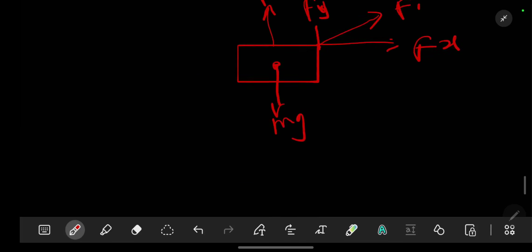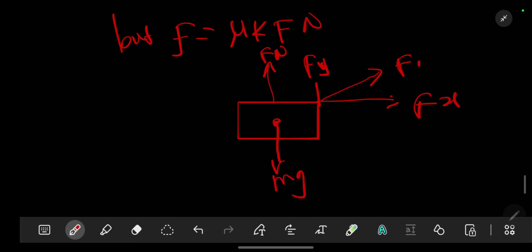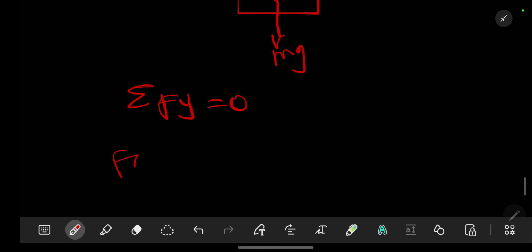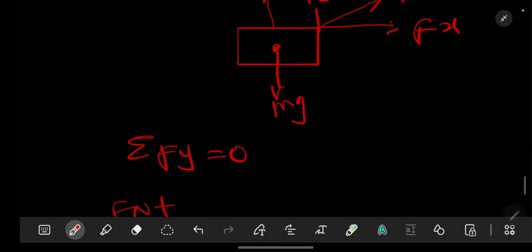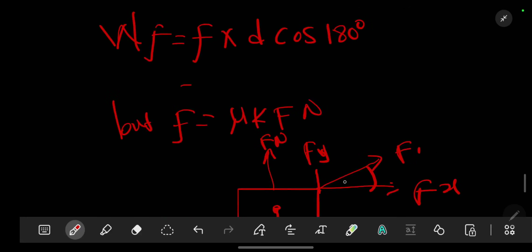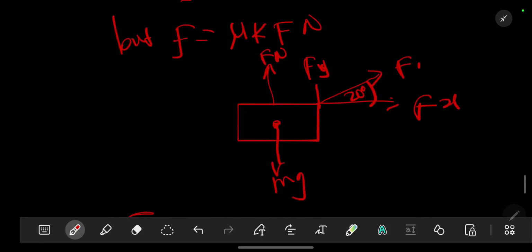So this is our normal force. By Newton's second law, the summation of forces in the y is equal to 0. So the normal force plus our force in the y minus the mg should be equal to 0. We already know Fy is 23.94.